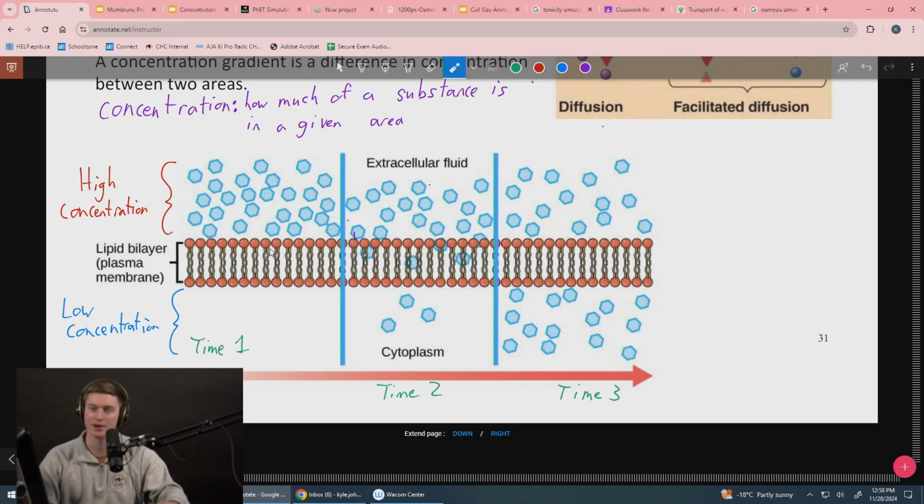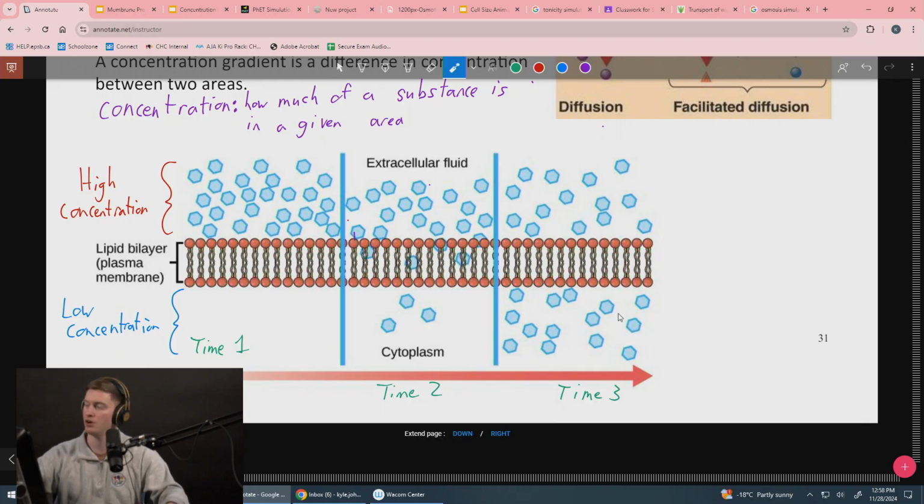You can't get lower than having none of them there. Note that we move these hexagons from the area of high concentration over time to the area of low concentration until the concentrations are equal.